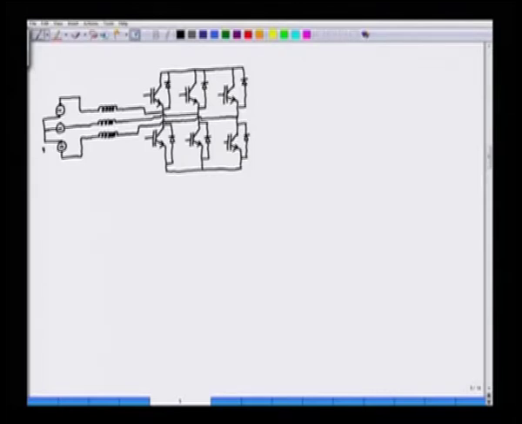And this is the neutral point N, and we can call this to be V A N. This is phase A, V B N, and this is V C N. Or more precisely, we can call it as V A S N, V B S N and V C S N. So, this is the source voltage.